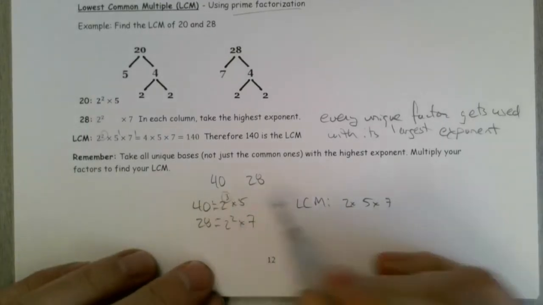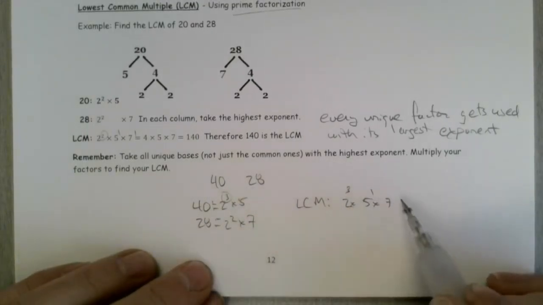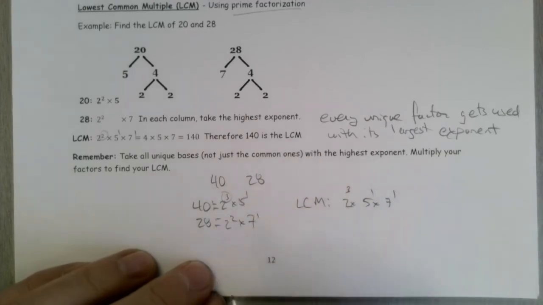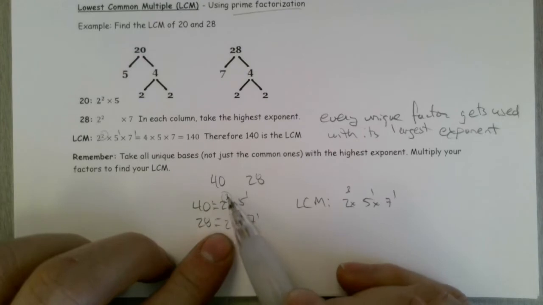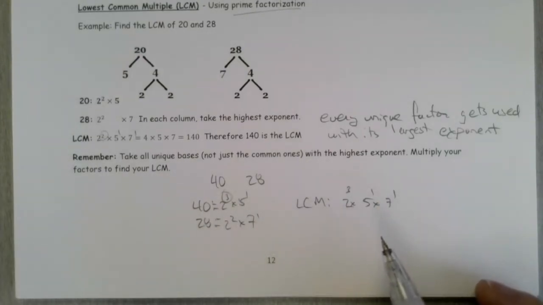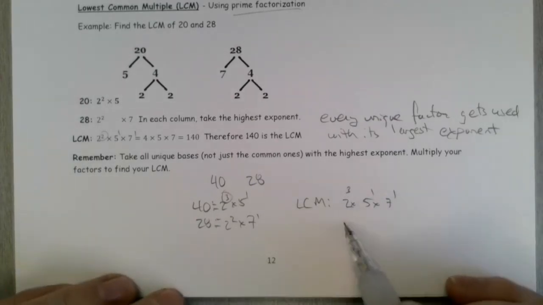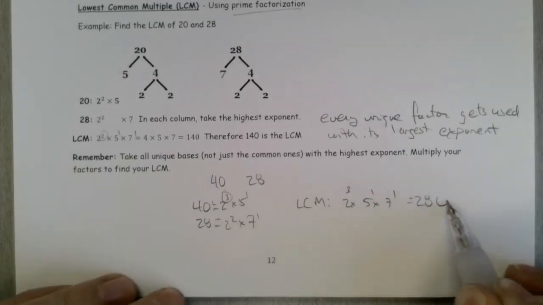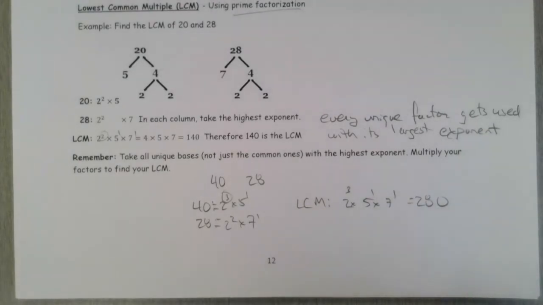So that's going to be 2 cubed, 5 to the 1, 7 to the 1, because 5 and 7 only ever occur with 1. But 2 shows up twice, and I'm going to use the largest exponent. So it's going to be 8 times 5 times 7, and that's going to get me 280. So the least common multiple here would be 280.